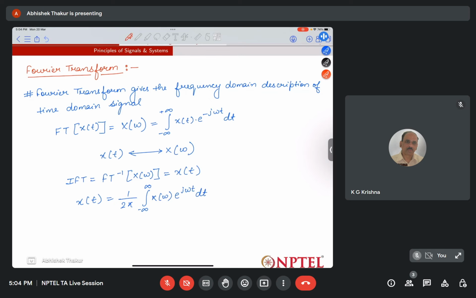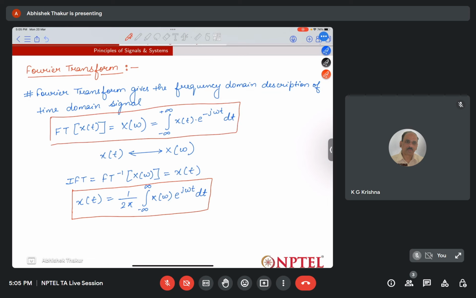So we can find the signal x(t) using the inverse Fourier transform, and we can find the Fourier transform of any signal x(t) using these two formulas. This is very, very important for any competitive examination. We can also substitute omega equal to 2 pi f. So these are the simple things.